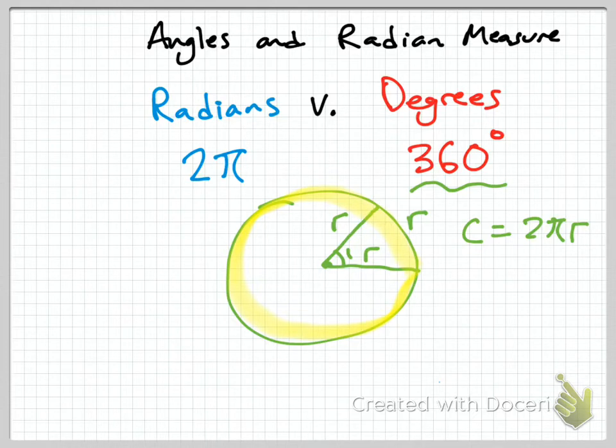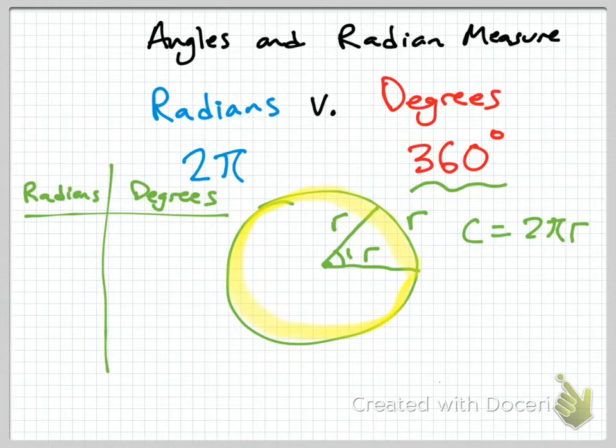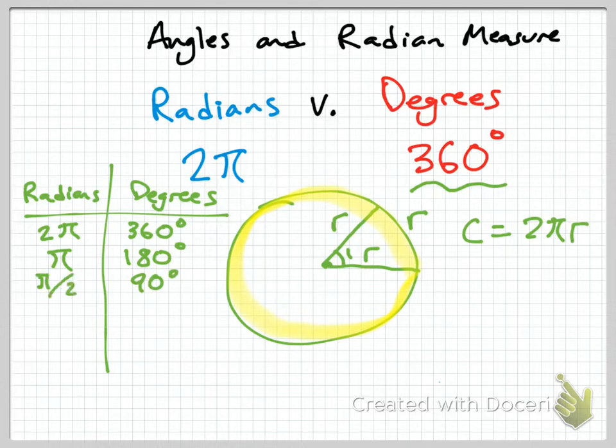For instance, if we have some common measures of angles, radians versus degrees, here in a table: 360 degrees, as I said, is 2 pi radians, which means 180 degrees is pi radians, and 90 degrees would be pi over 2 radians. 45 degrees is pi over 4 radians.